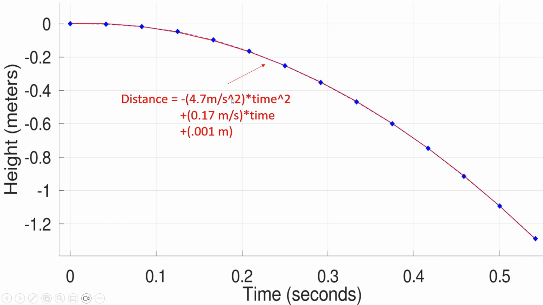So it says that the model is 4.7 meters per second squared times time squared, plus 0.17 meters per second times time, plus 1 millimeter of offset. Again, that's an idealization, and it's not too shabby of one, and you can see it's pretty much hitting all the data points.